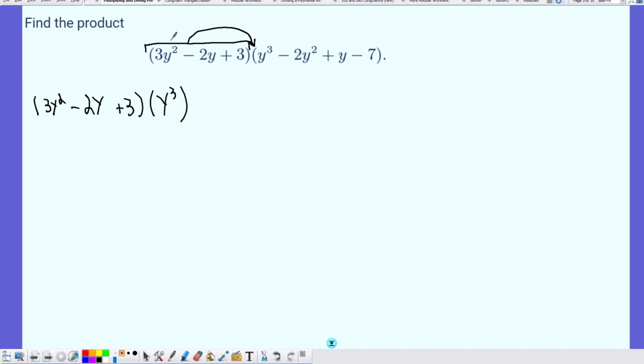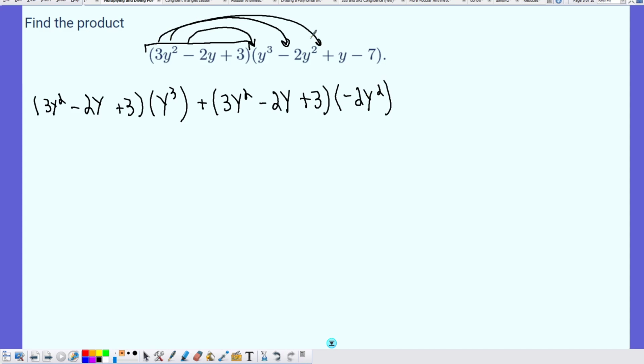Now I am going to distribute it with the negative 2y squared. So plus, again, we have 3y squared minus 2y plus 3 multiplied by a negative 2y squared. Now we want to distribute it with the y.